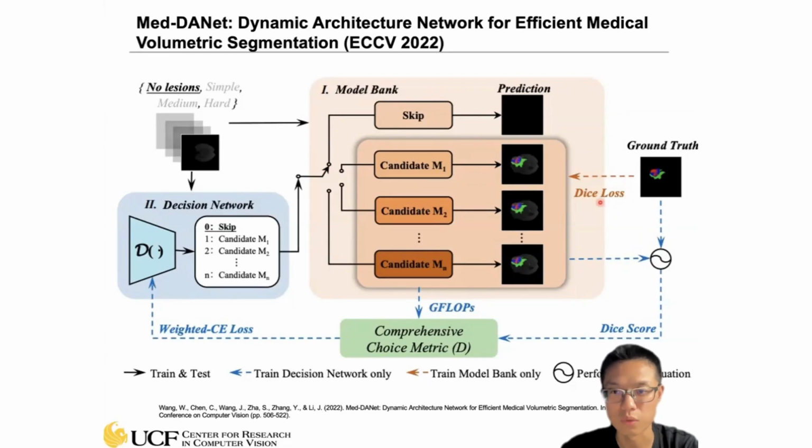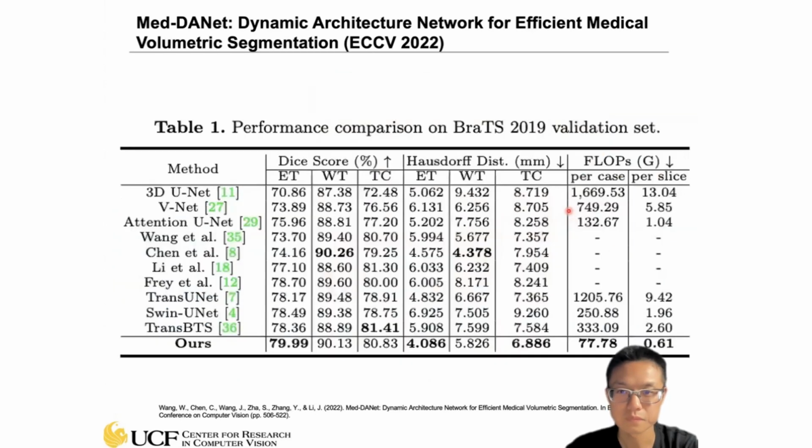So we have two loss objectives: one is the performance, the other is the total computational cost of the network. Once we train this network, we do some evaluation. In terms of the usual segmentation performance, the dice score and the Hausdorff distance, we also count the FLOPs.